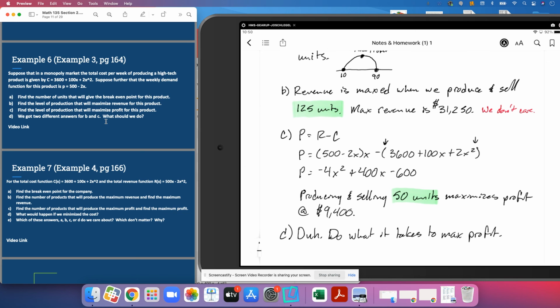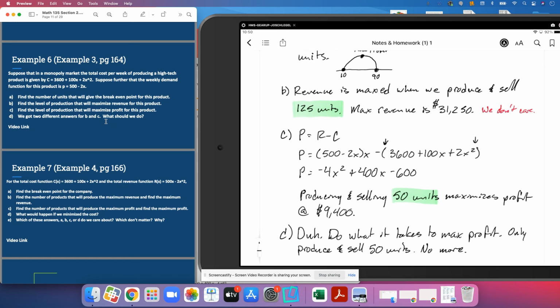We don't care about revenue. We are only going to produce 50 units. Only produce and sell 50 units. No more.